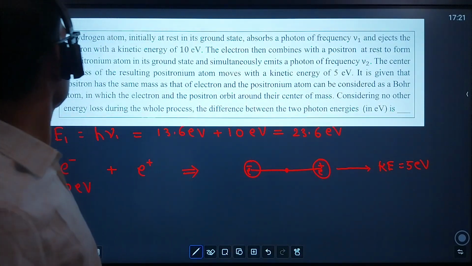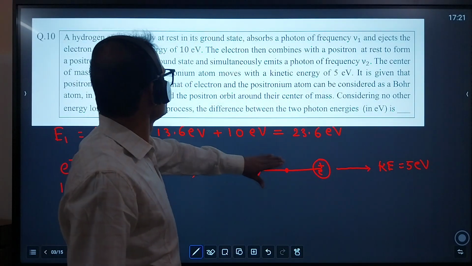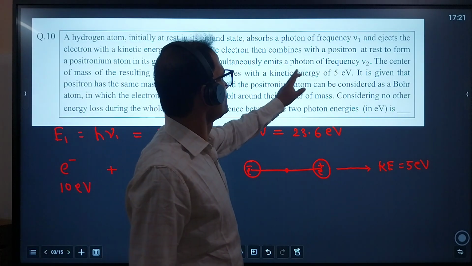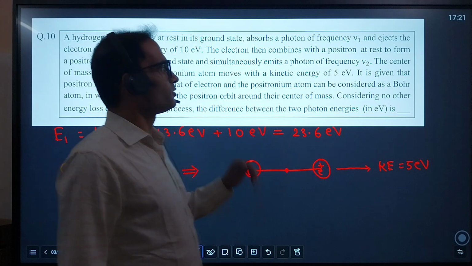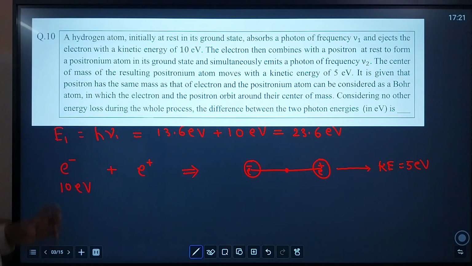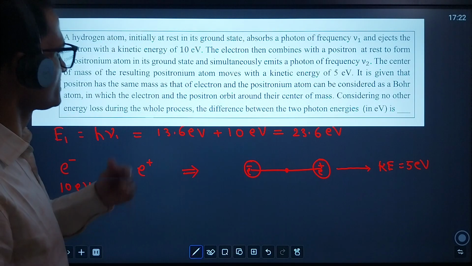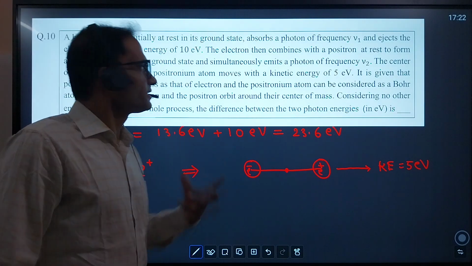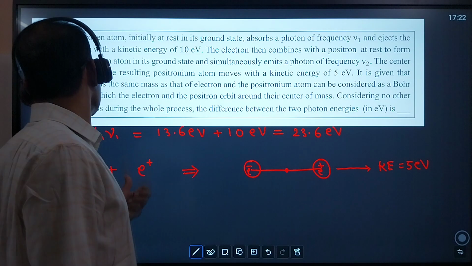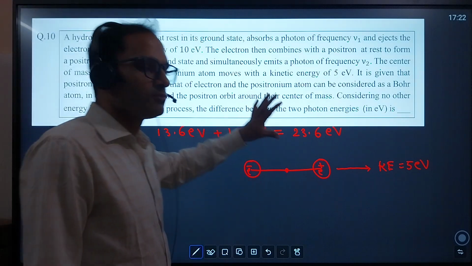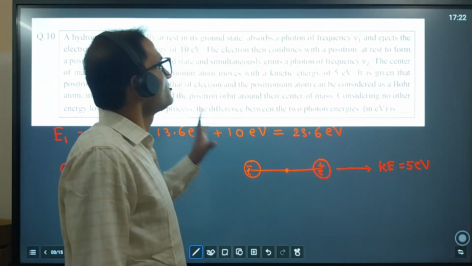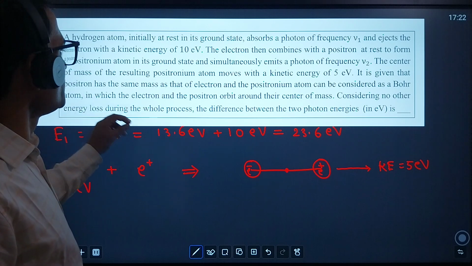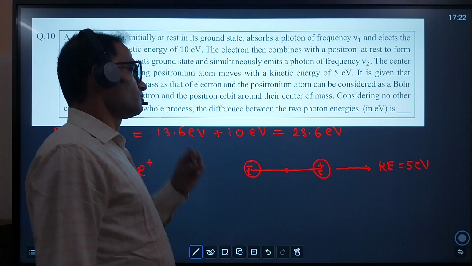This resulting positronium atom moves with a kinetic energy of 5 electron volt. It is given that the positron has the same mass as the electron. We discussed it. And the positronium atom can be considered as a Bohr atom, in which electron and positron orbit around their center of mass.